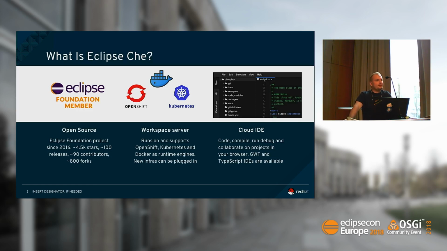It's an IDE in your browser that offers you a web editor, project tree, all of the possible language smarts, debugger, and plugins. Currently, GWT, the legacy one that has been with the project since the very beginning, is offered, and a TypeScript IDE, Eclipse Theia, which has been chosen as the default IDE for Che 7.